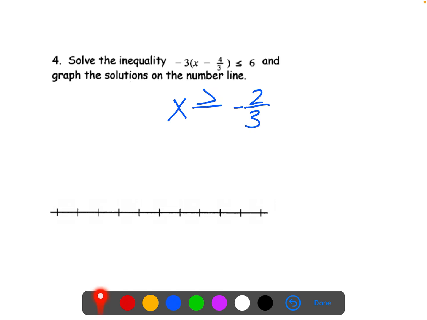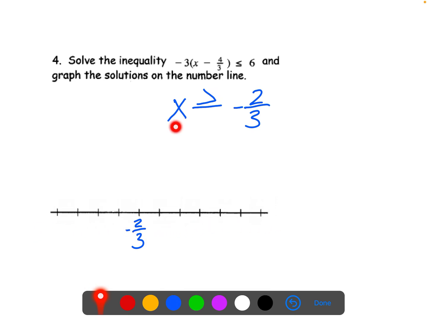Hopefully you found, because you had to divide by a negative number to solve it, that this less than or equal to sign switches direction, becomes greater than or equal to, and when we graph it, we put negative 2/3 on our graph. Remember, greater than, less than.